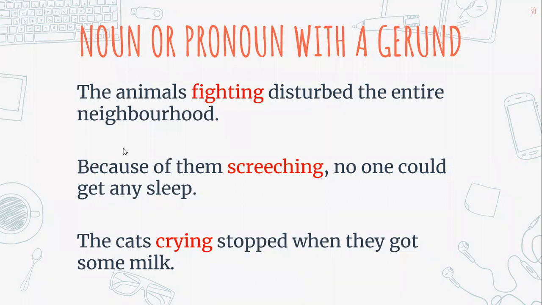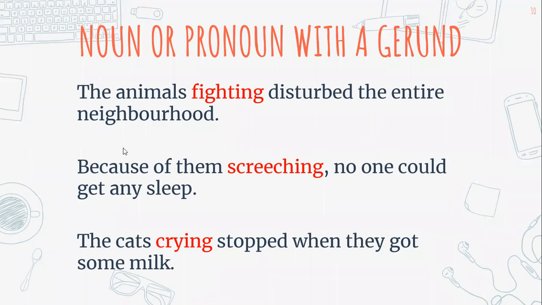And in all of these sentences, the gerund is basically seen as a noun, right? The animals' fighting disturbed the entire neighborhood, right? So instead of acting as just a verb, they can also act as a noun in the sentence.